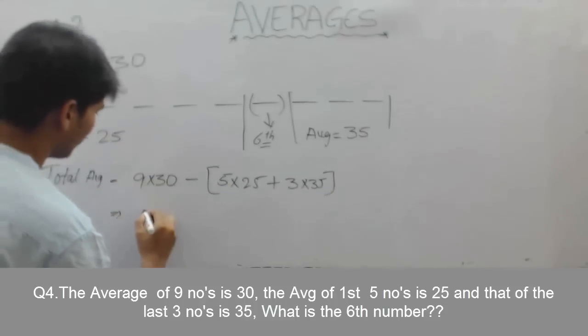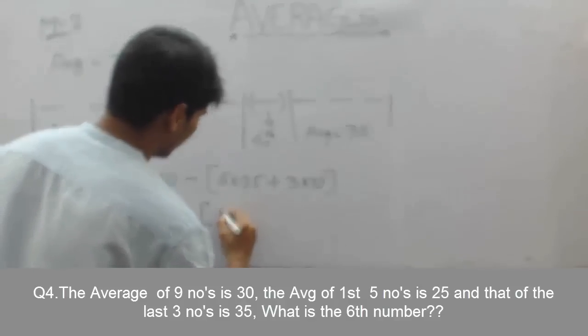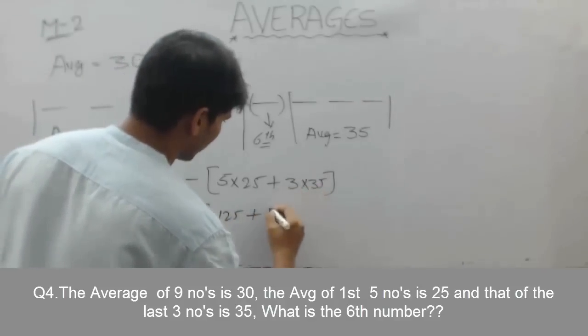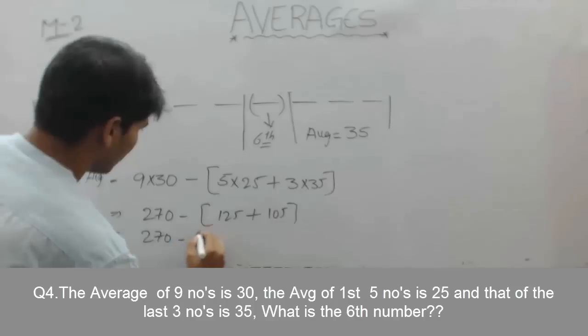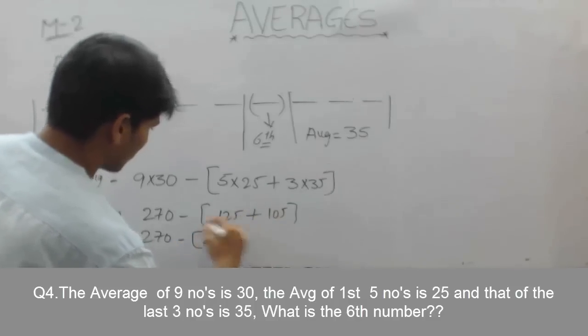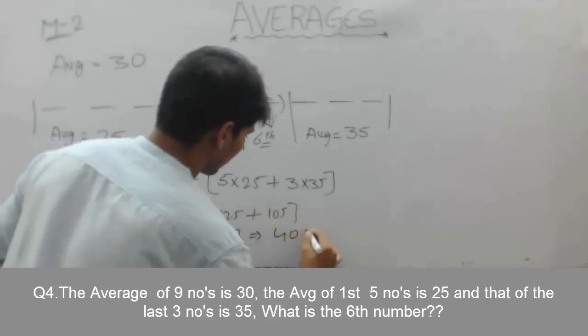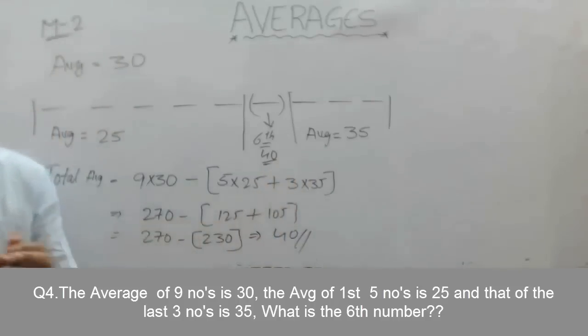So 9 into 30 is 270, minus 5 into 25 is 125, plus 35 into 3 is 105. So 270 minus 230, isn't it? That is equal to 40. So the number here is 40.